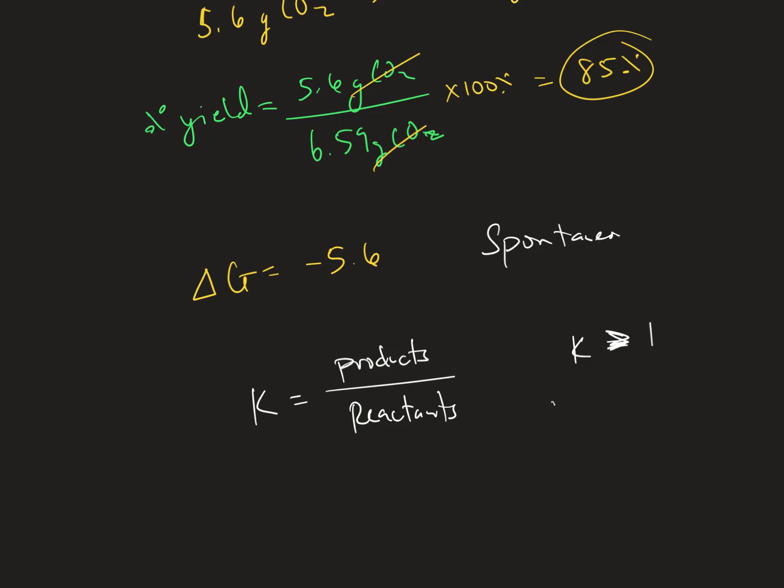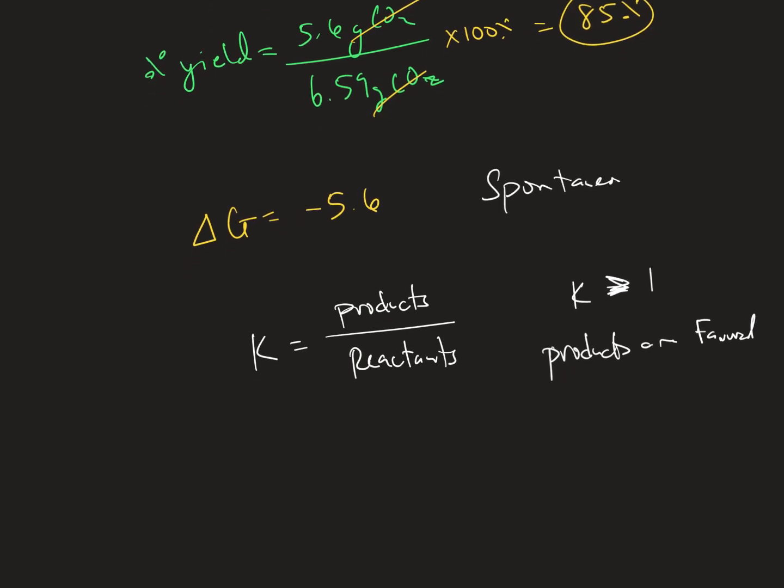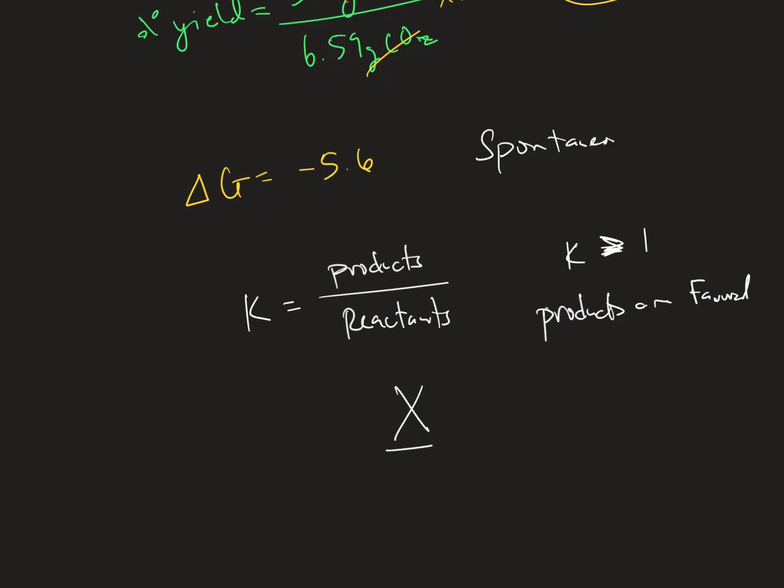If K is greater than 1, we have more products, so products are favored. If K is less than 1, so you guys understand that or no? If we have more products, we have a big number divided by a small number, it makes it bigger than 1, right? But if reactants is more, that's going to make it less than 1. So reactants are favored. That makes sense?